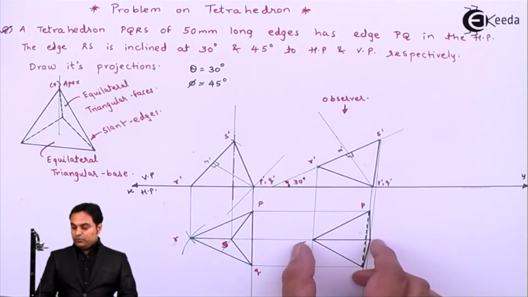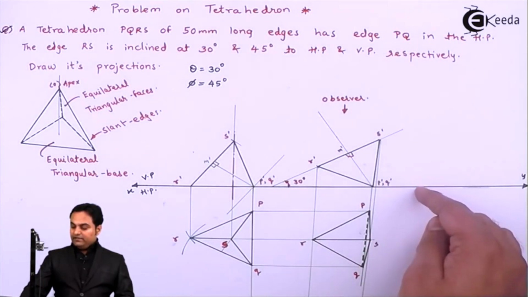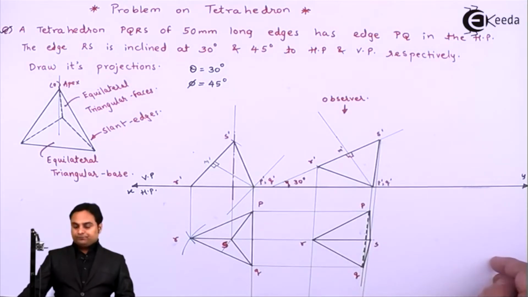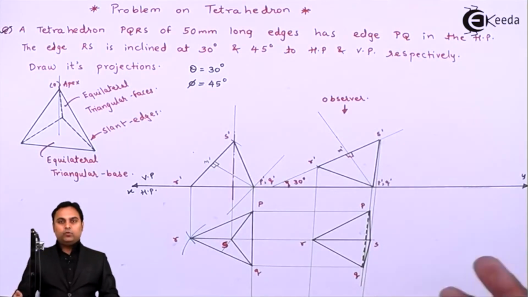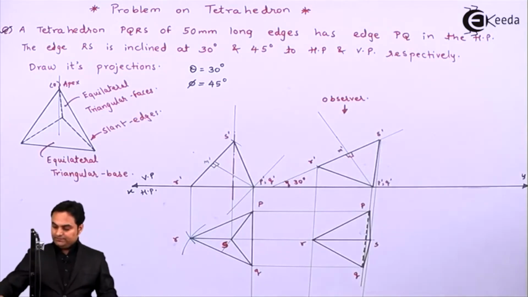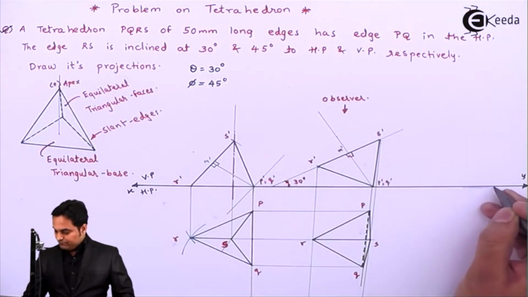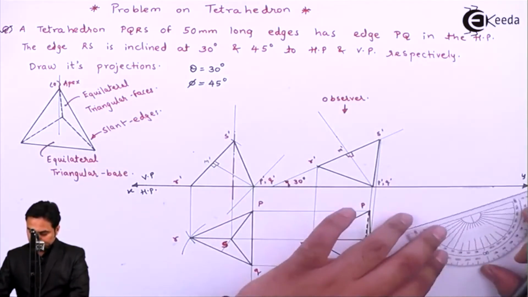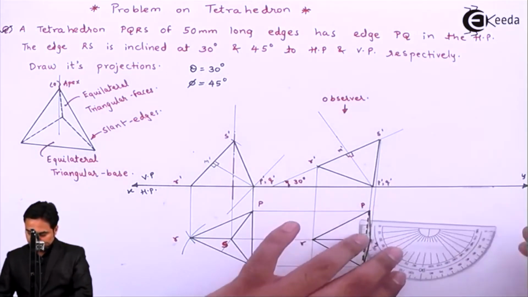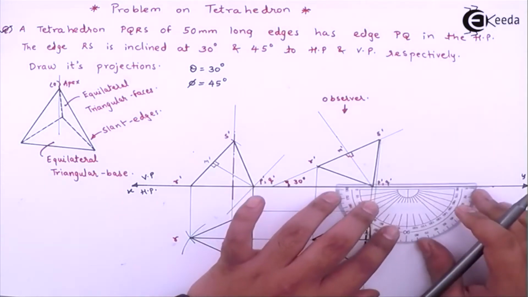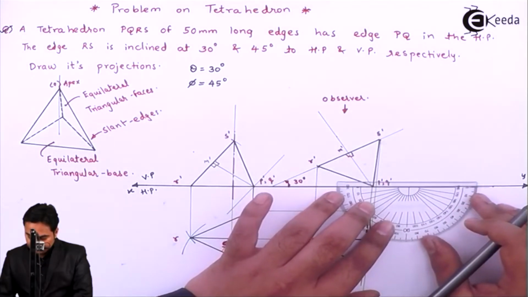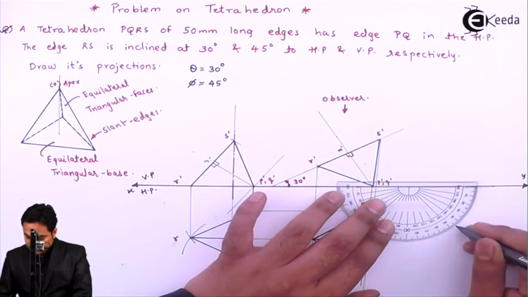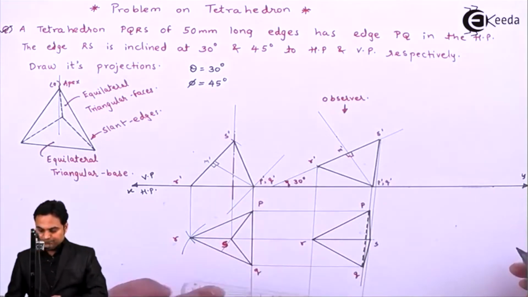So RS will be made inclined in HP so that the inclination is with VP, and for that here I'll take a point, inclined at 45 degree.